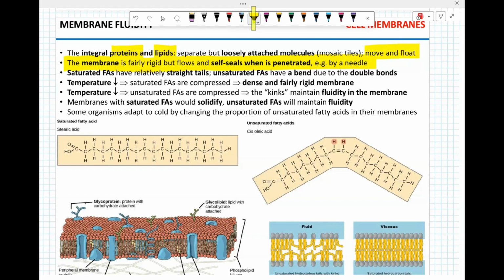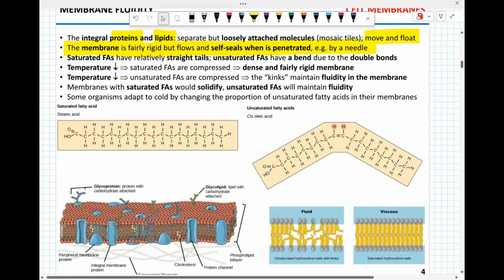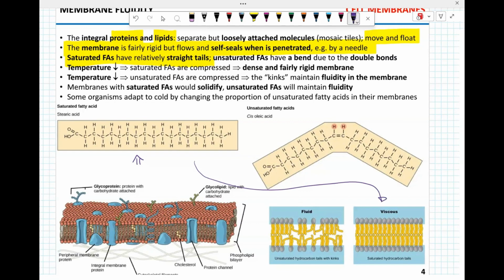Now, what makes the membrane more or less rigid? Turns out it greatly depends on the composition of the phospholipid tails. Phospholipid tails that contain saturated fatty acids, shown here, these tails are pretty densely packed and make the membrane more viscous.